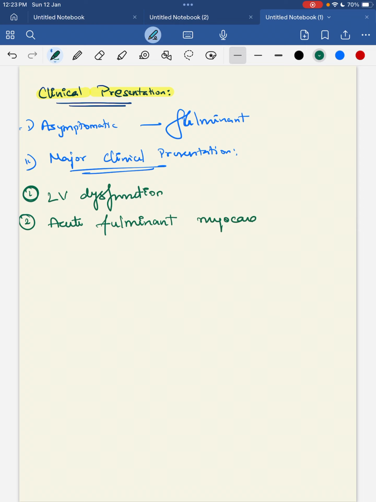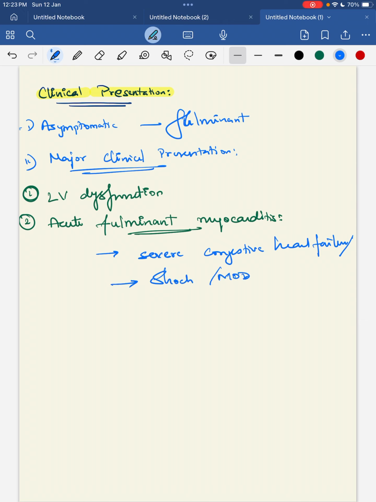Third, the child can also have a presentation like acute coronary syndrome. Acute coronary syndrome most commonly presents in the adolescent age group. Here the child will present with chest pain and dyspnea.